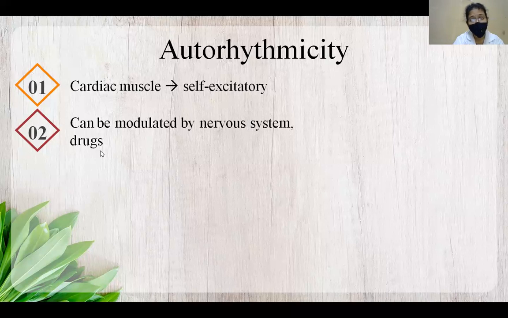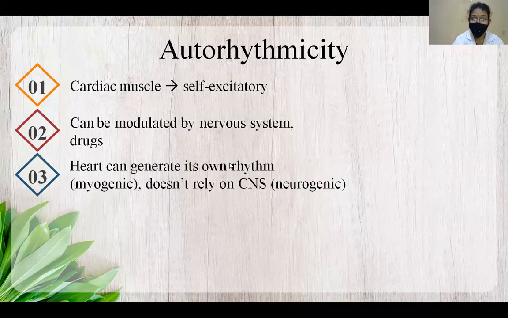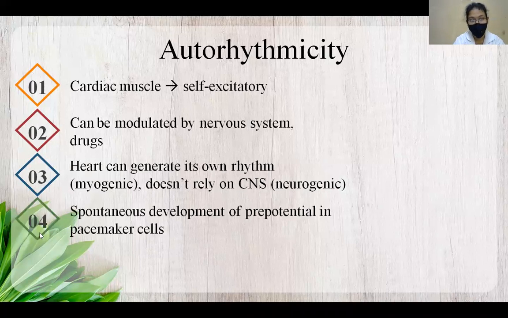Also, there are a few drugs which will either increase or decrease the rate. So it is said that the heart can generate its own rhythm, which is known as myogenic, because of the myocytes. It does not rely on the CNS, so it is not neurogenic.